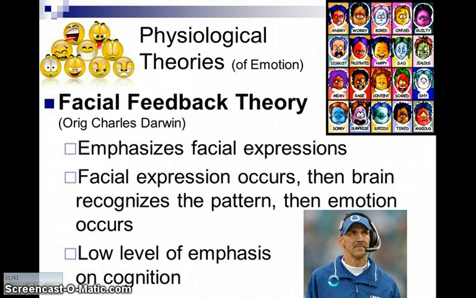So if this theory would be true, then that would mean that someone who expresses a lot of emotion in their face would be experiencing more emotion than somebody like Tony Dungy, but I'm not so sure that that's necessarily true all the time.